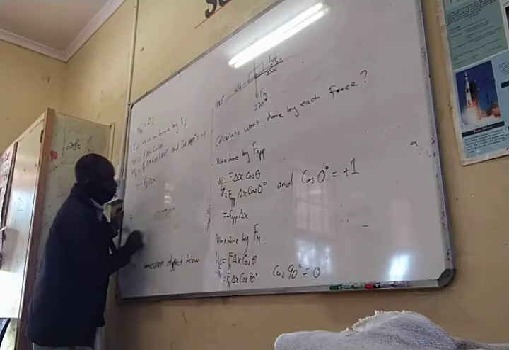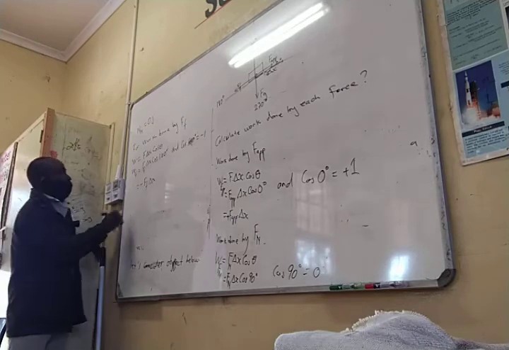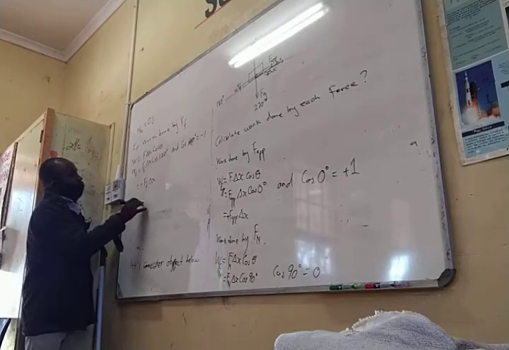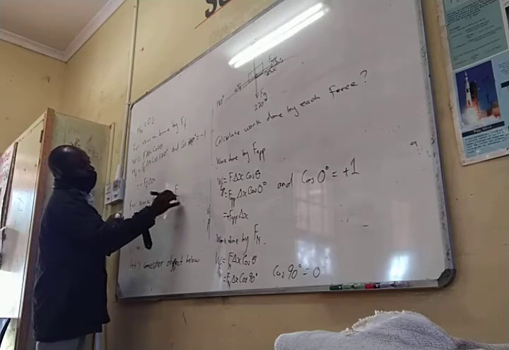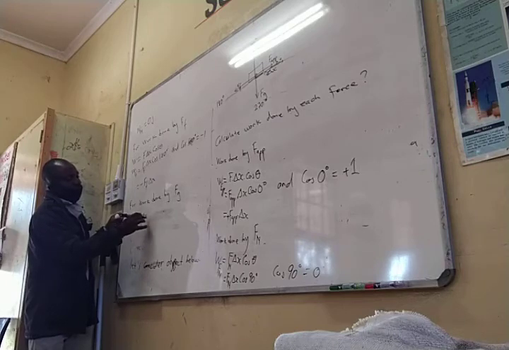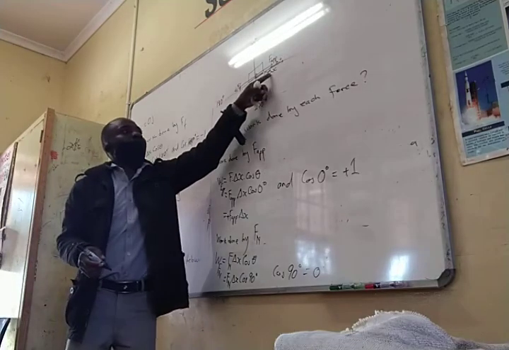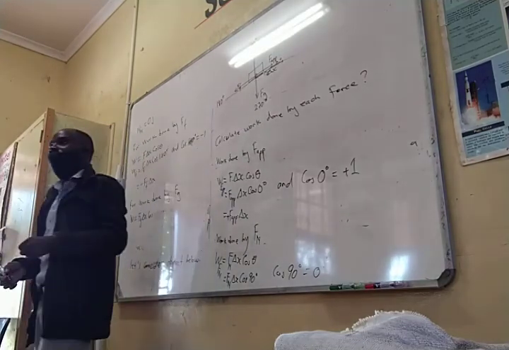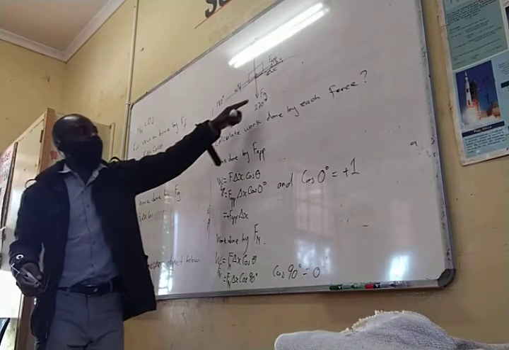So let's do the last one, which is the work done by gravity. Work equals Fg delta x cos of the angle between delta x and Fg.